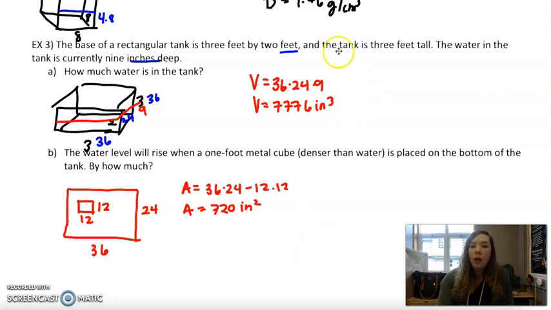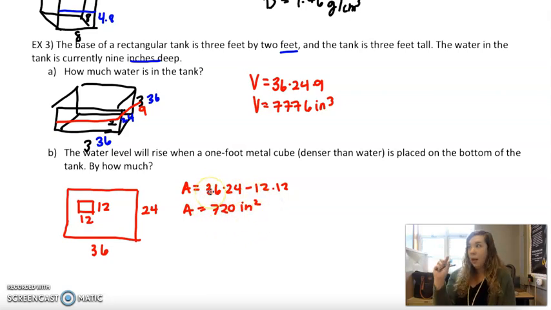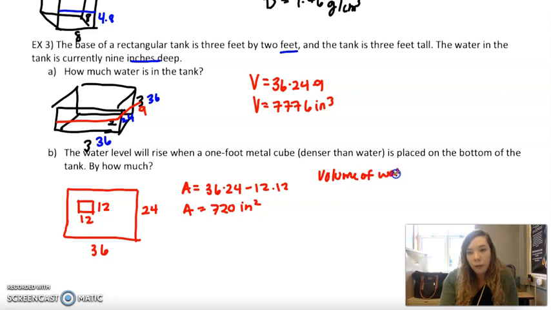So remember, this is the volume of my water, and this is how high it would go up. So really what we want to do here is take our volume of our water divided by our cross-section area, so we can figure out what that new height would be.